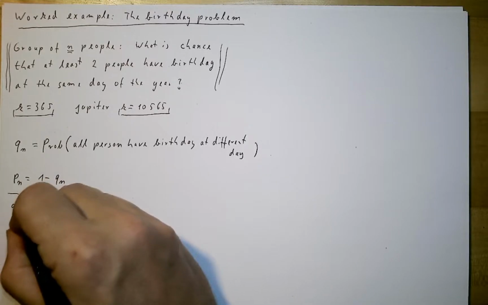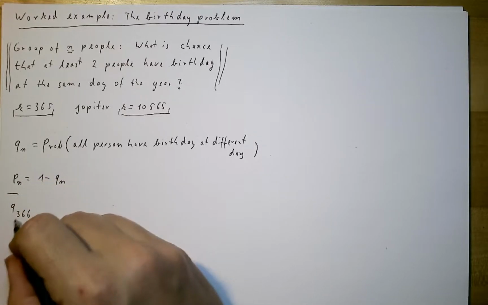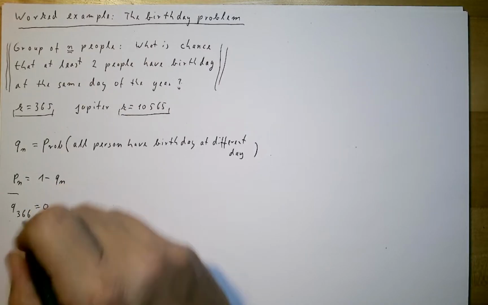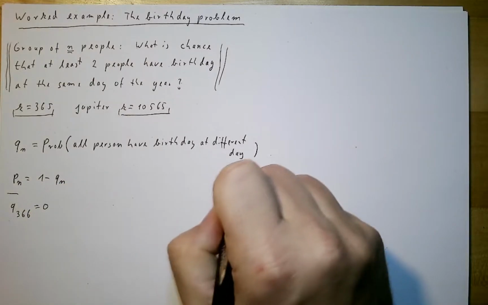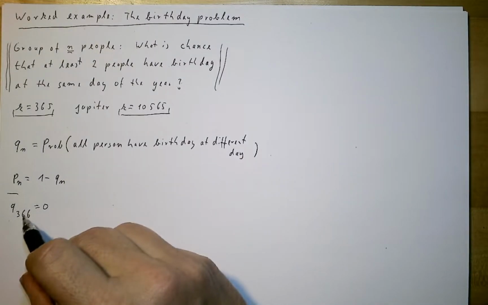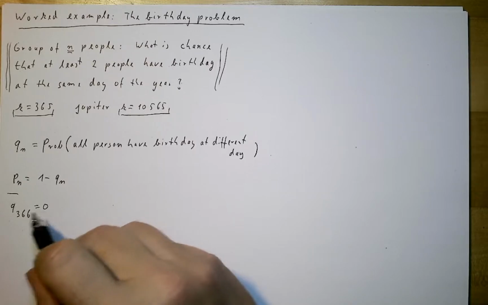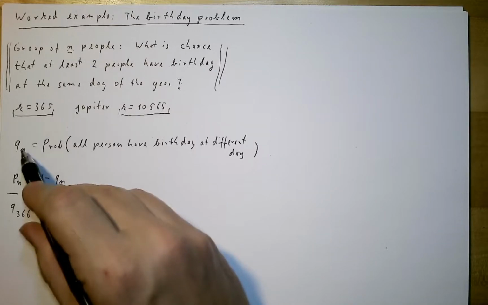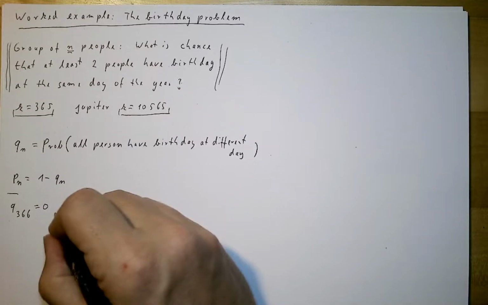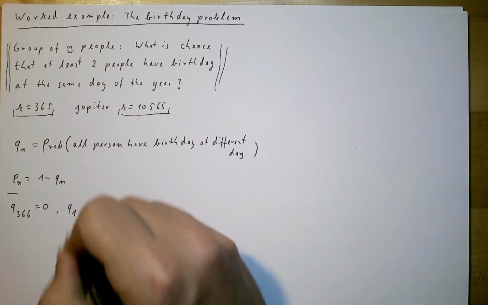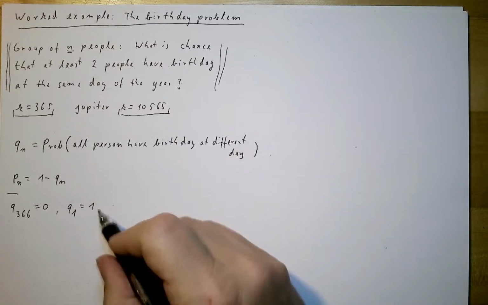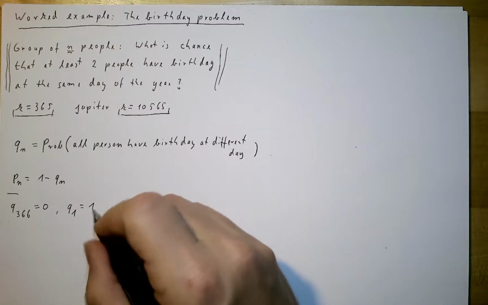For example, if you have 366 persons in the room, then the chance that they all have birthday on a different day is 0, because at least 2 need to have birthday on the same day. So you see, this should be a decaying function of n. And now we can see what Q of 1 would be. If we have only 1 person, then the probability is 1.